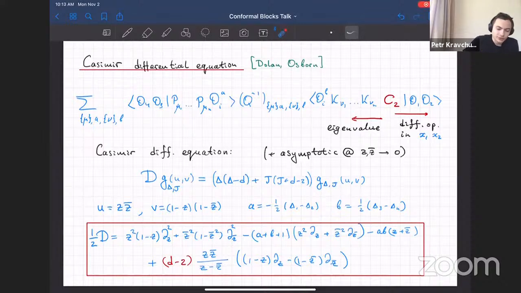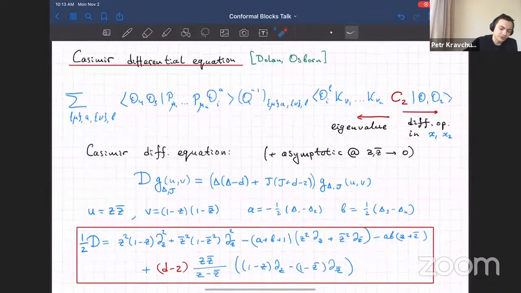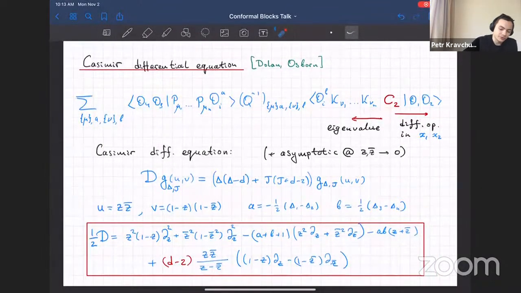If you unwrap what this differential operator is, you get a differential equation for the conformal block G. There is some differential operator that comes from here, and it should be the same as acting with C2 to the left, which just gives us the Casimir eigenvalue that we computed on the previous slide times the function.